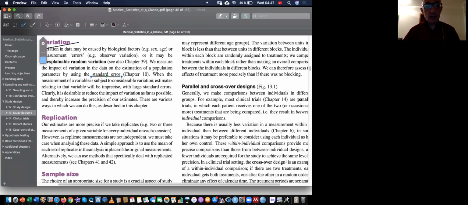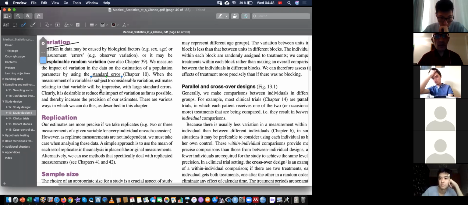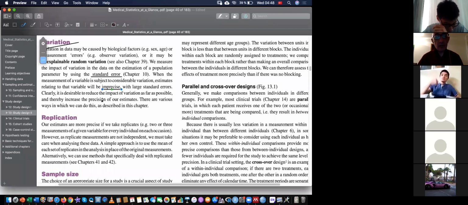You know that if the standard error of the mean or standard error of the proportion is high, it means we have an imprecise measurement, and we actually want to have a small standard error, small variation. We don't like variability. Whenever possible, we want to avoid variability.